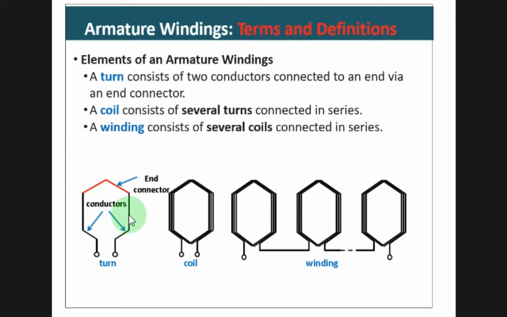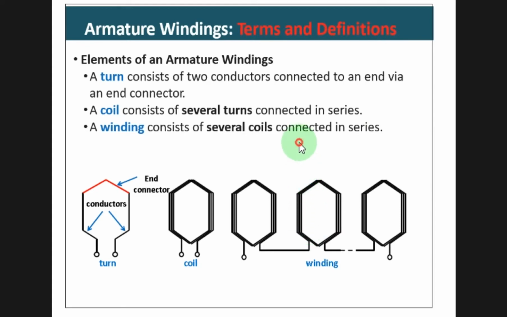These conductors are effective in the machine for either rotation or generating EMF. Then several turns together is called a coil, right? So when you have many turns, it becomes a coil, and then several coils together will form a winding like this, right?